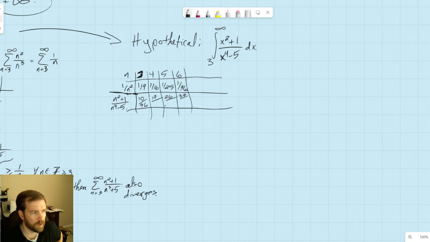Let's just do all the denominators, it's easier that way. 4 is going to get us 16 times 16 is 256, minus 5 is 251. 5 to the 4th is going to be 625 minus 5, so 620.